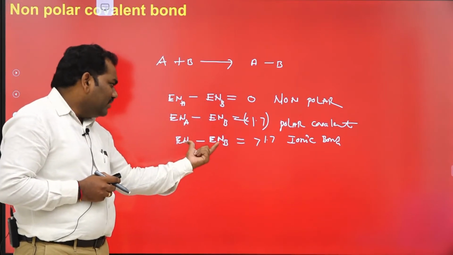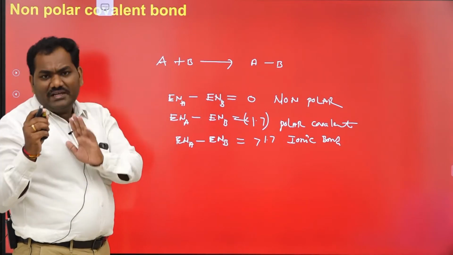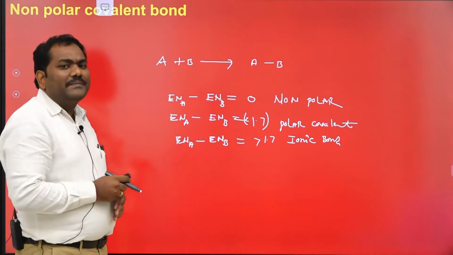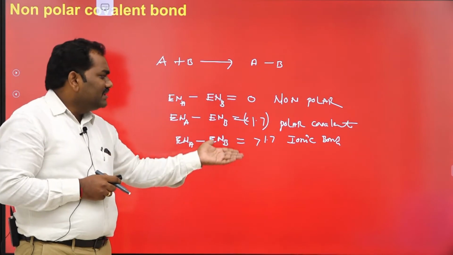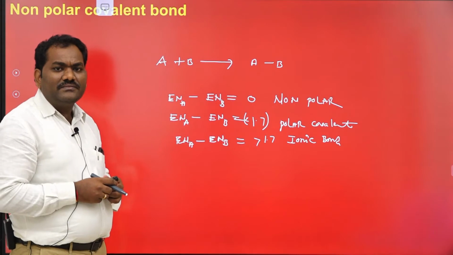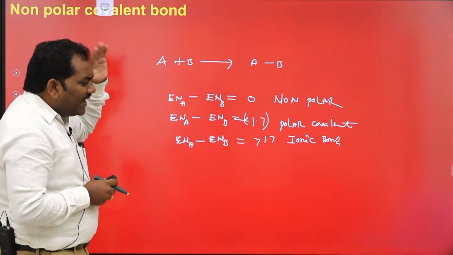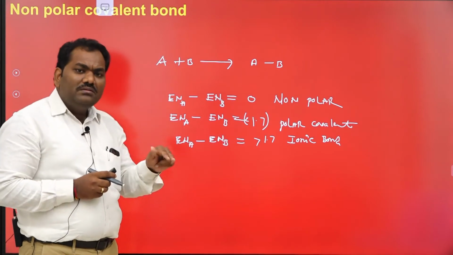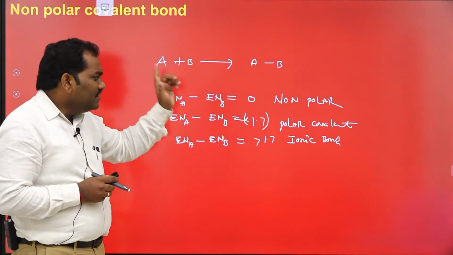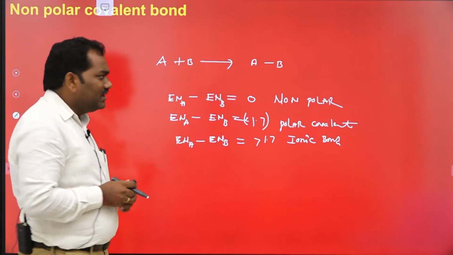Generally, this type of ionic bond is observed when a non-metal atom combines with a metal, like KCl, MgCl2, CaCl2, NaCl. So we can identify the nature of bond by using these electronegativity differences. These are the fundamental values. Okay, clear?